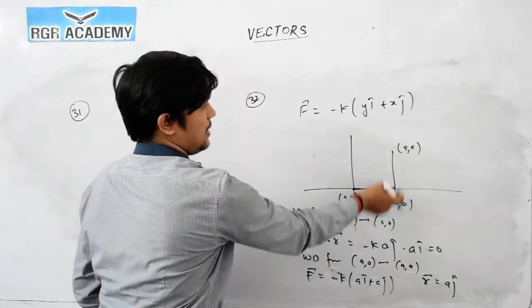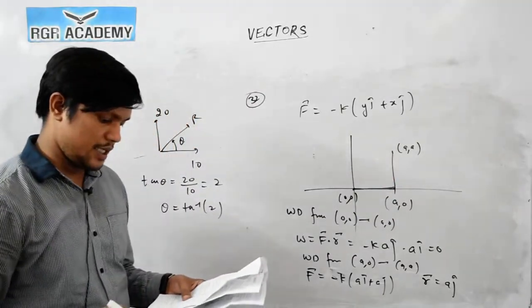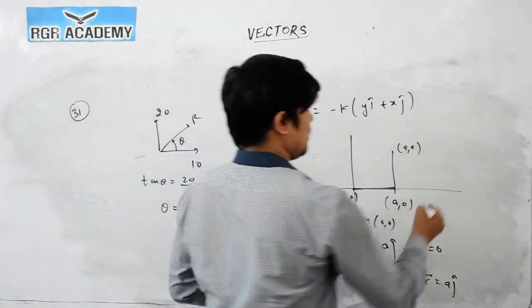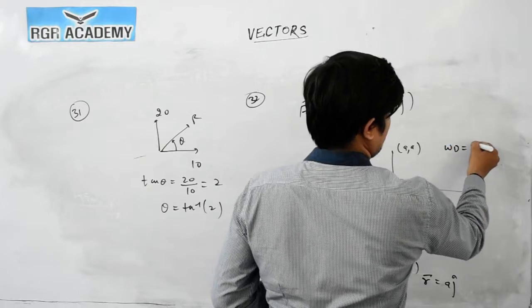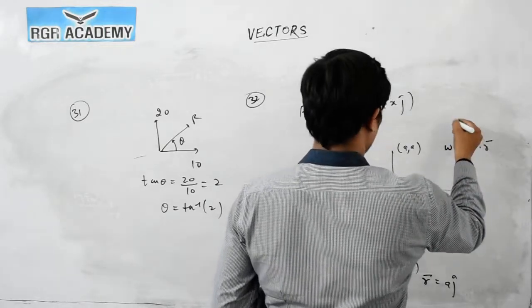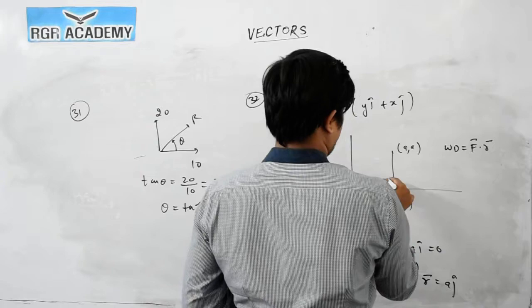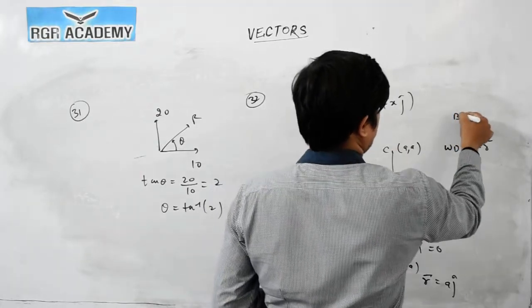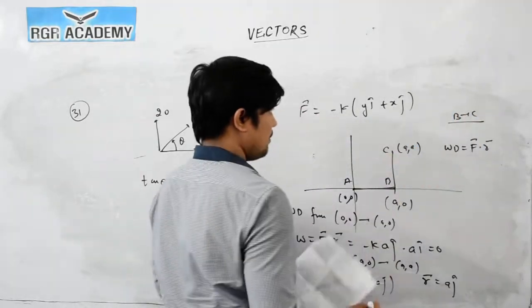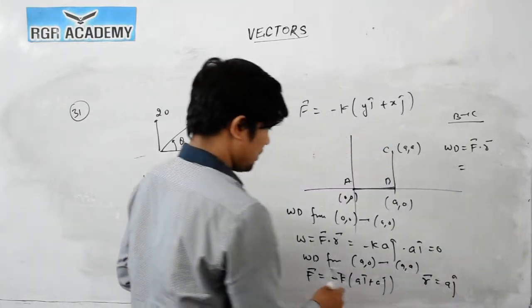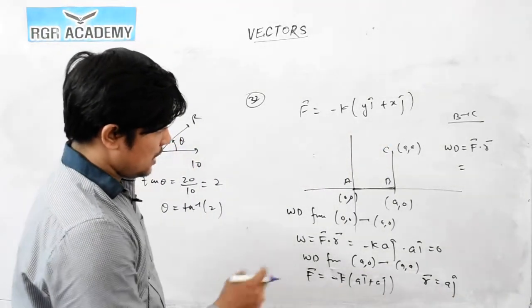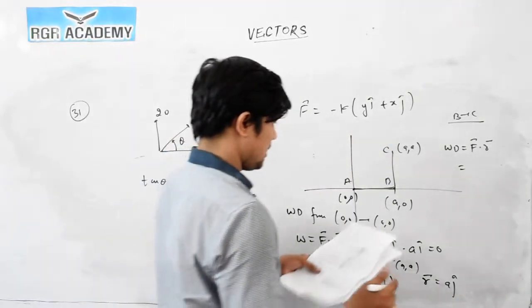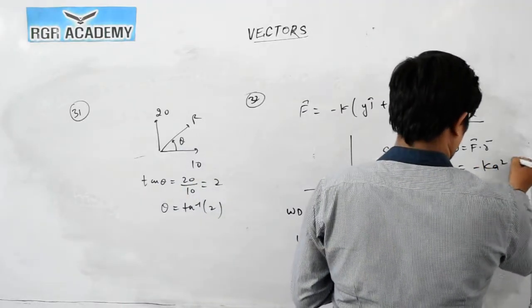Work done will be equal to F dot r. We are calculating from b to c, where this point is a, b, and this is c. If you take F dot r, the i component will cancel out, so it will be minus k a square.